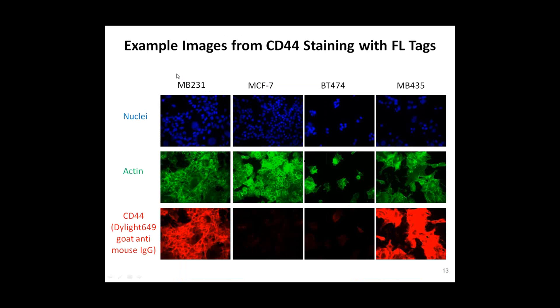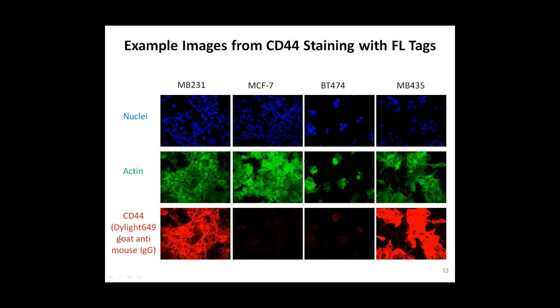This is one example of images for a single marker staining, the CD44 staining, with fluorescent tags. For each column, you'll see there are different cell lines: MB231, MCF7, BT474, and MB435. We are staining with nuclei, actin, and CD44.